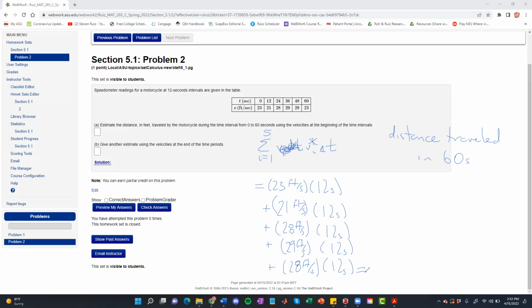Okay. So let me draw a graph here of essentially what we're looking at. So how many speed values and time values do I have? 0, 12, 24, 36, 48, and 60. And then basically what I have is, let me try to represent this somewhat accurately.